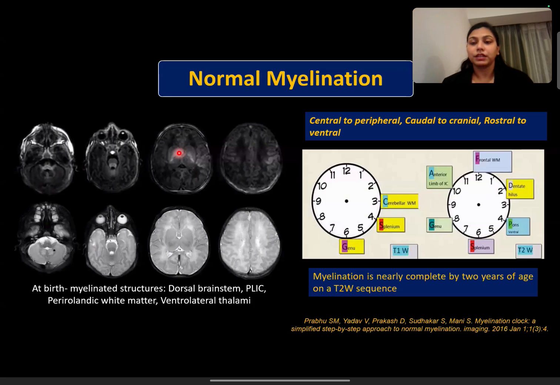These structures should be myelinated at birth in a term child. As we see, normal myelin appears hyperintense on the T1 weighted image and hypointense on the T2 weighted image.